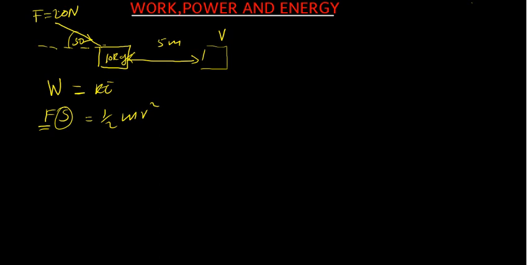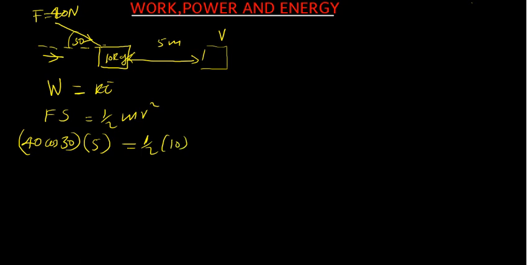Let me even use 40 here. Okay, so that means we are going to use the component of the force in the x direction, and that is given by 40 cos the angle which is 30. So this is a component which is in the same direction as the displacement, and then multiply by the displacement, which is our 5, and that should be equal to half. The mass of course is 10, but we don't know the velocity.